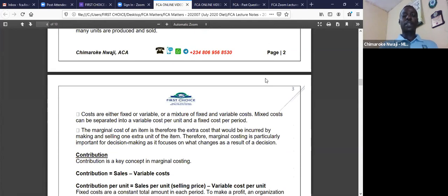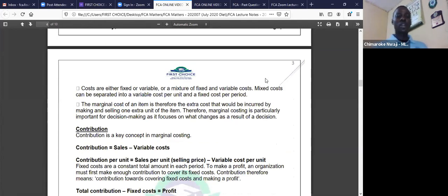Okay? Now, another assumption says costs are either fixed or variable. And we can also get a mixture of fixed and variable costs. So mixed costs, we can separate them by bringing out their fixed elements and their variable elements. There is a technique, not even one, more than one technique that we can use to extract the fixed costs from the variable costs.